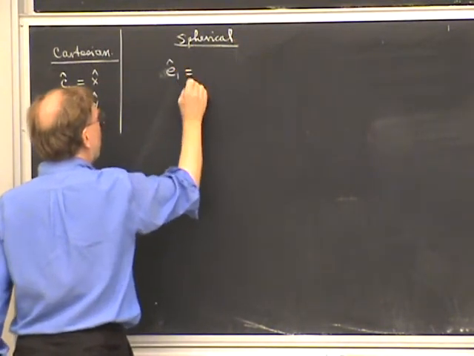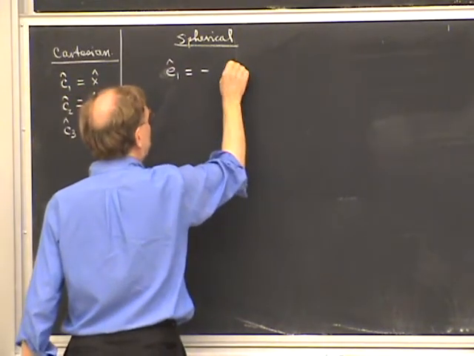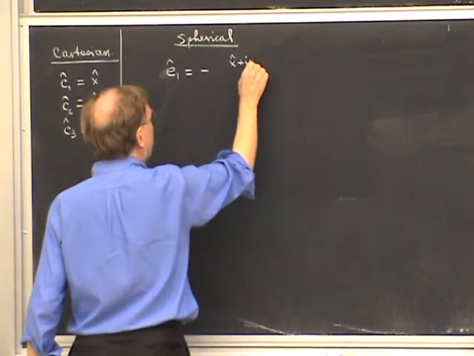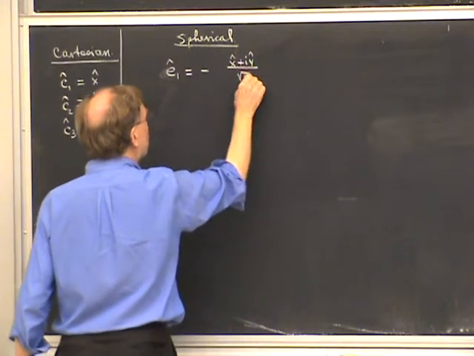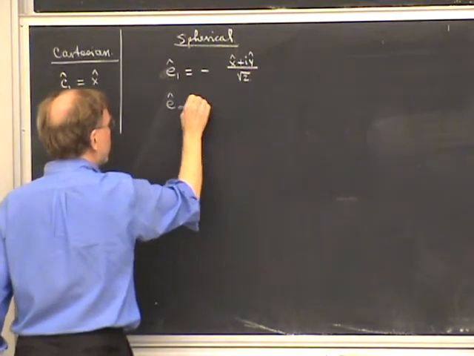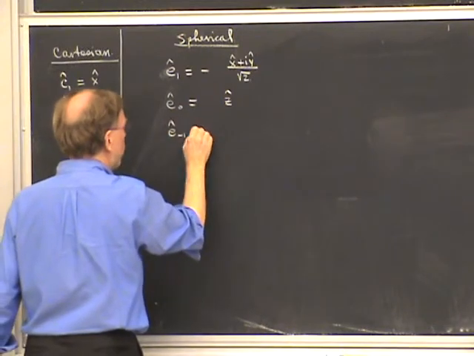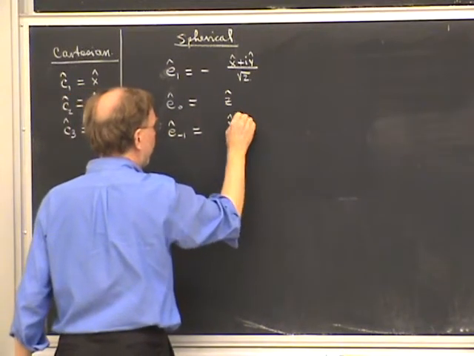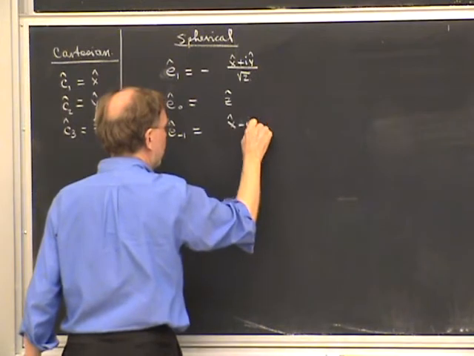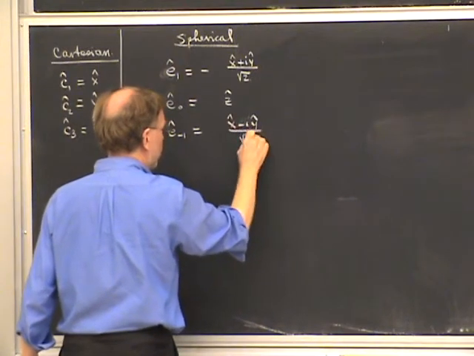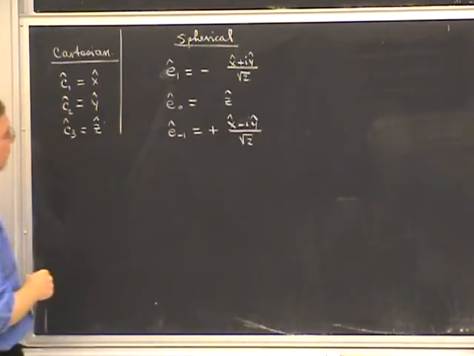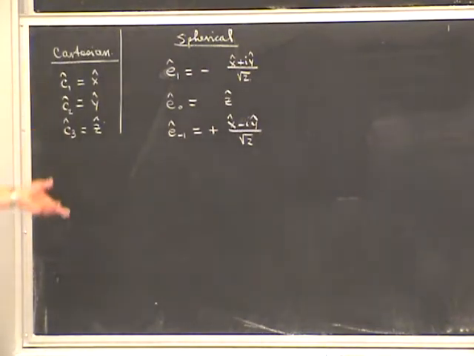One of them is E_1, which has an overall minus sign, and then it's x hat plus i y hat over the square root of 2. Then there's an E_0, which is z hat. And then there's an E_minus 1, which is x hat minus i y hat over the square root of 2 with an overall plus sign, like this. So this is just the definition.